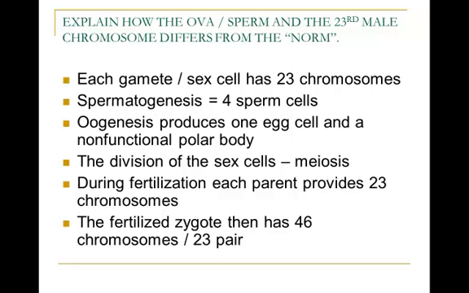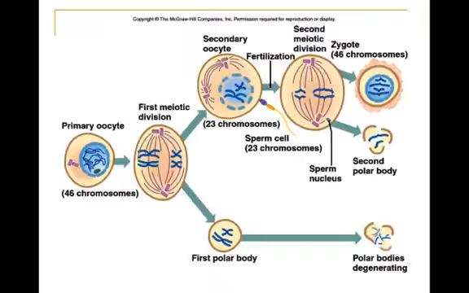So the gametes, or the sex cells, as we call them, have 23 chromosomes. So it's important to ask, how does that happen when all cells usually have 46?